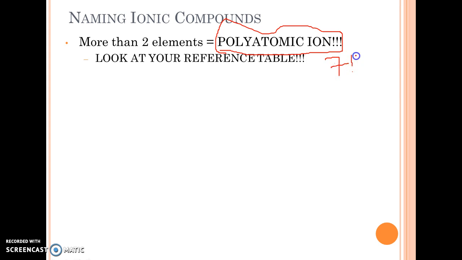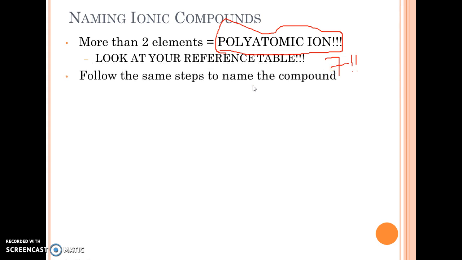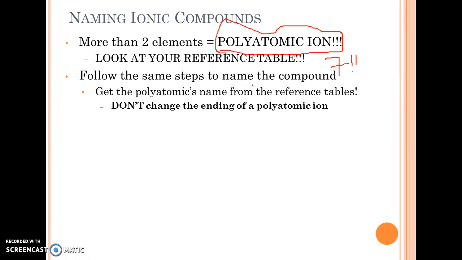It's going to have all of your polyatomic ions listed up there. So you're going to follow the same steps, meaning you're going to name the metal first, and then name the polyatomic ion. You simply write its name directly from the reference table. You don't have to do anything else. Do not change the ending.